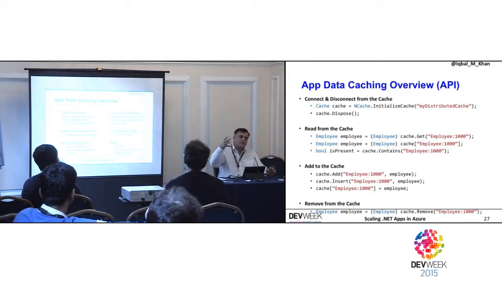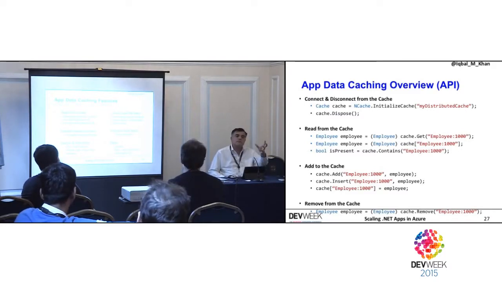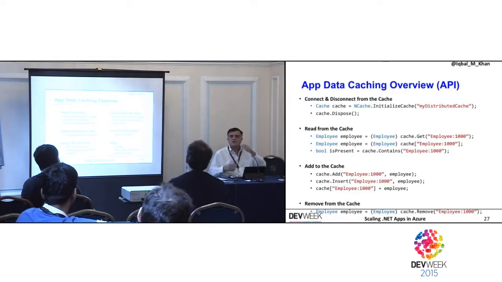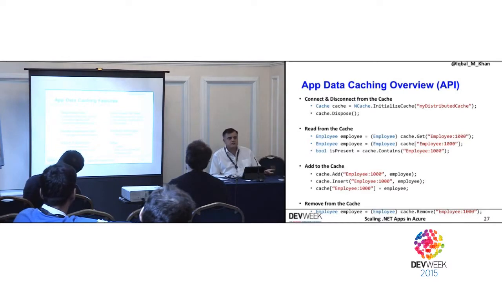So there are eviction algorithms that a cache should support, and that's something that I didn't mention here, which is that it will evict, let's say, 10% of the cache when it reaches that threshold. The reason it needs to do that is because cache will almost never be as big as the database, and it cannot be because the data is much larger.